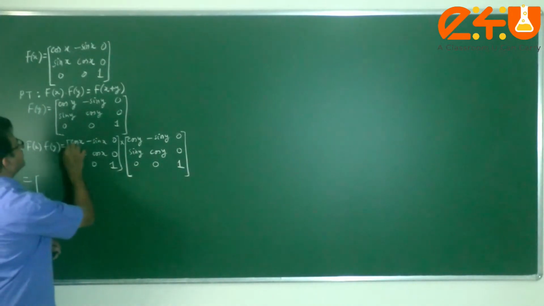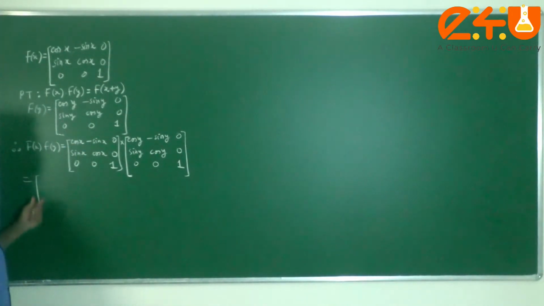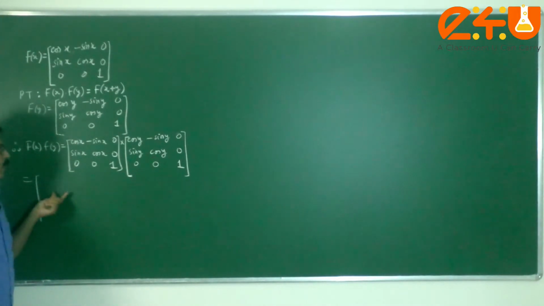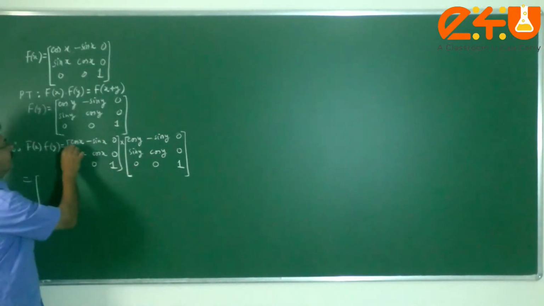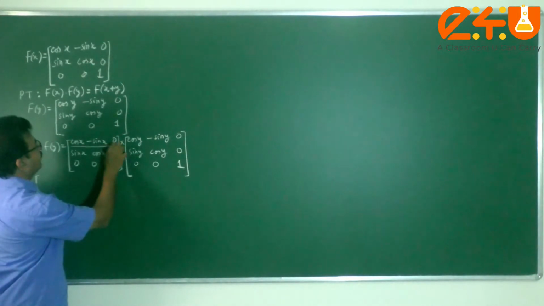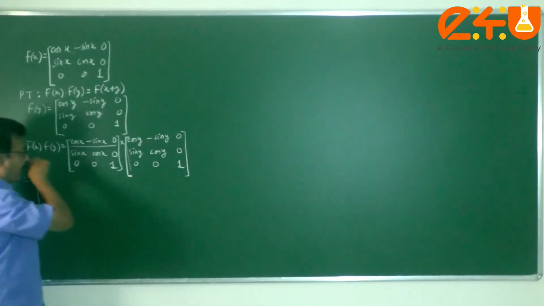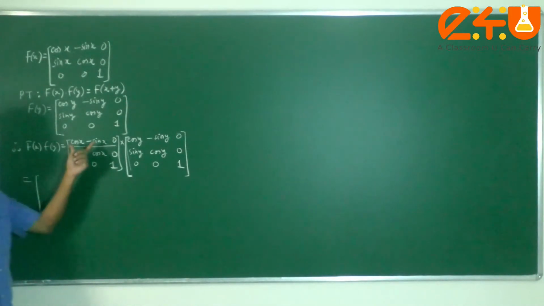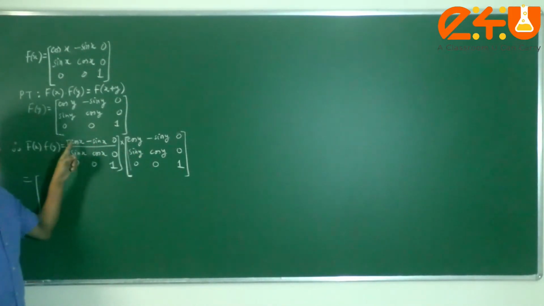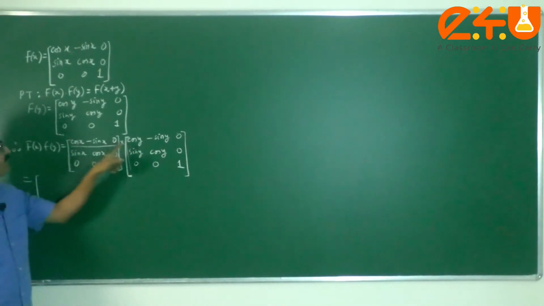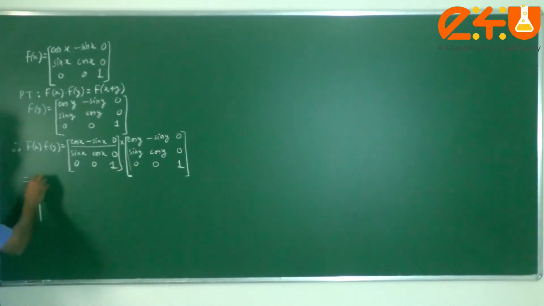So when I get ready to find the element in position 1, 1, I consider row 1 of the first matrix and column 1 of the second matrix, and I take the appropriate elements as pairs, which means I get cos x and cos y. Let me complete the product, cos x cos y.